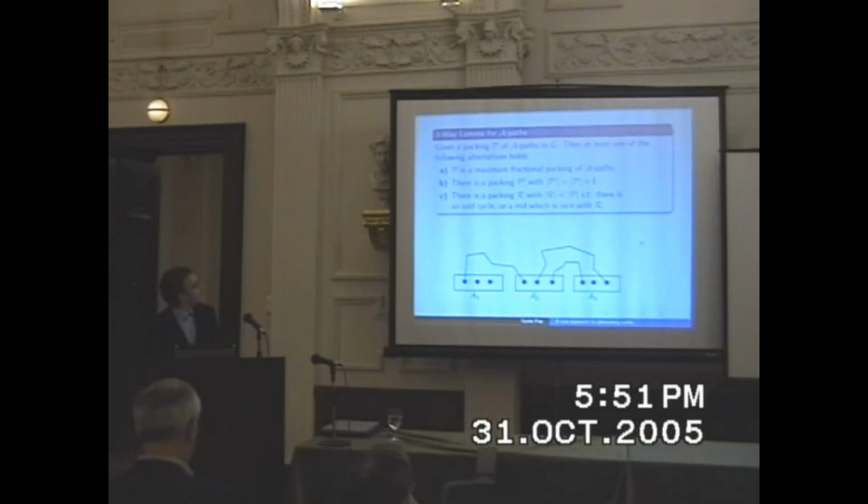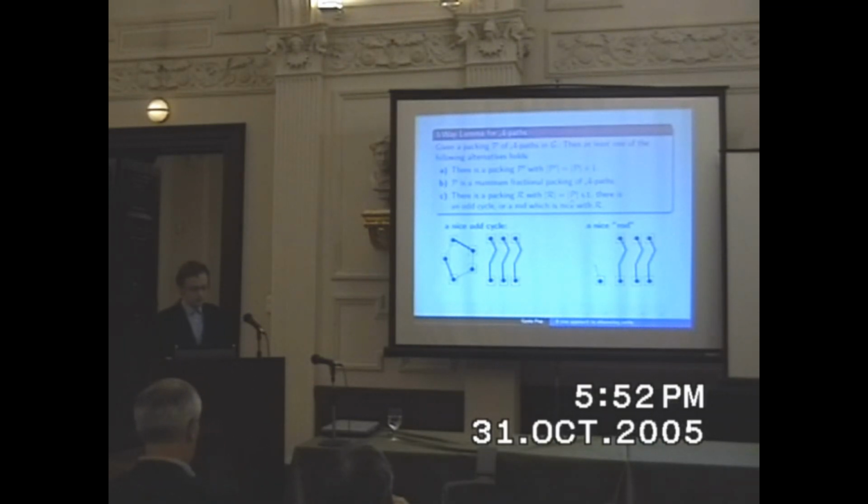The three-way lemma for A-paths says that either our current packing, an integer packing, is a maximum fractional packing of A-paths, or there is a larger packing, or we find a nice constellation which looks like this or that.